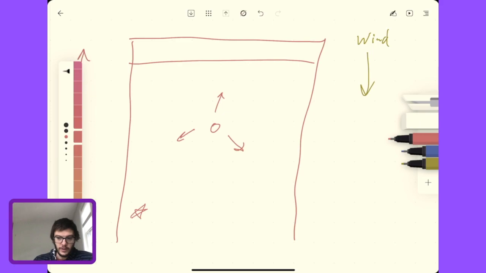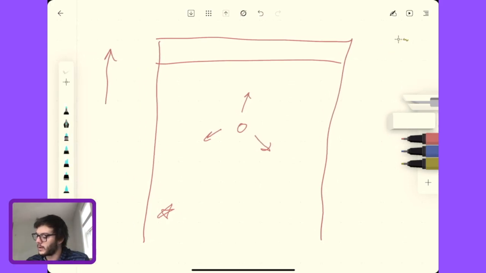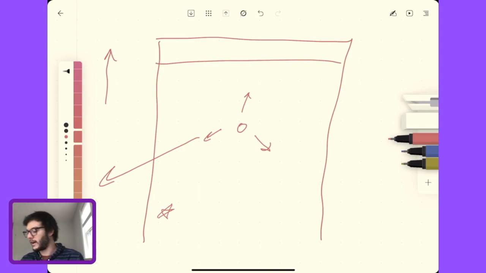In this situation, we may be getting some help from the sideline. I'm gonna take the wind away because we're not really considering that anymore. So here, it's not a threat for the cutter to literally cut out of bounds, right? If you receive the disc out of bounds, it's a turnover. So that's not a threat.